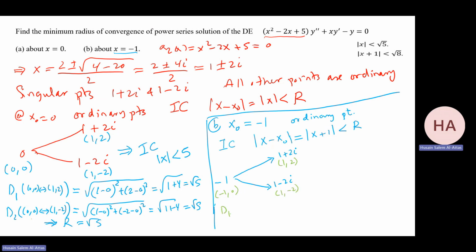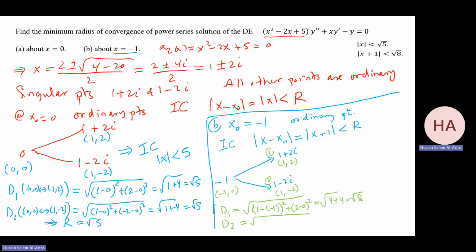So the first distance, with this one, this is 1, this is 2. That will be 1 minus minus 1, all squared, plus 2 minus 0, all squared. And that equals, 1 minus minus 1 will be 2. So I have 4 plus 4, square root of 8. D2 will be exactly the same thing.